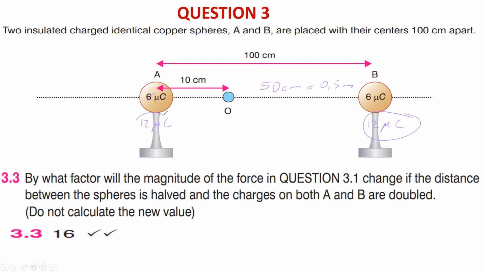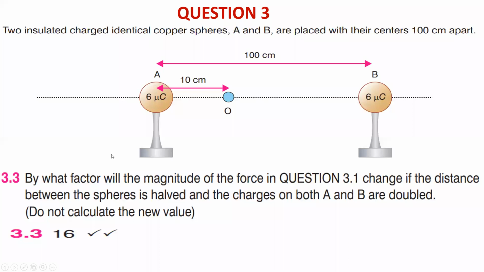Use these numbers and then calculate F2, and you will get 16 times more than what you got for question 3.5. All right, you can use this option also for this kind of questions, whichever you like. I like the first one because it's easy, but other options are also for you. You can try which one is easy for you.